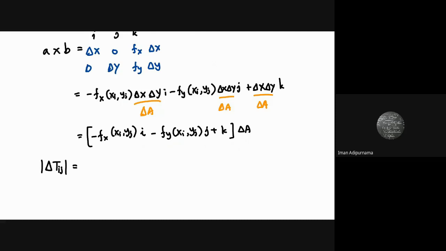Now from the previous equations, we have the limit, right?